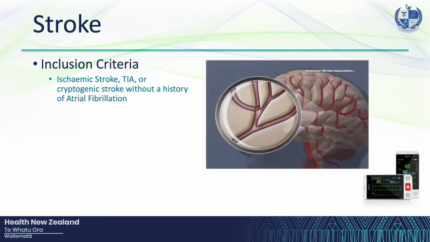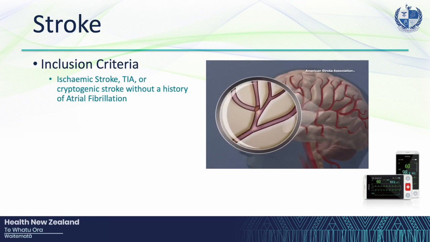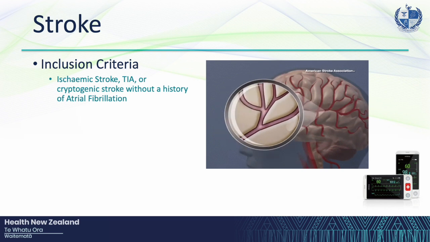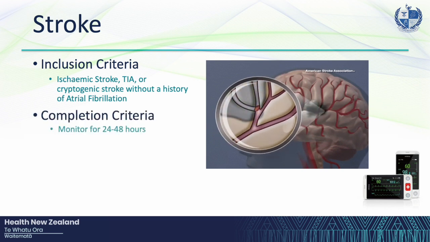Ischemic stroke, transient ischemic attack or TIA, or cryptogenic stroke may be caused by underlying cardiac arrhythmias such as atrial fibrillation, which can lead to embolic events. Continuous rhythm monitoring can help detect these arrhythmias early, influencing the management of anticoagulation and stroke prevention strategies.